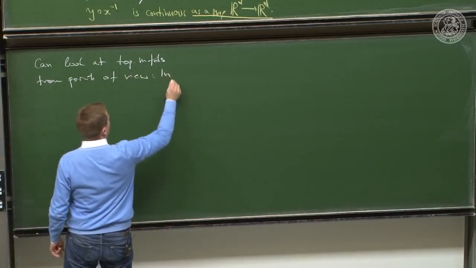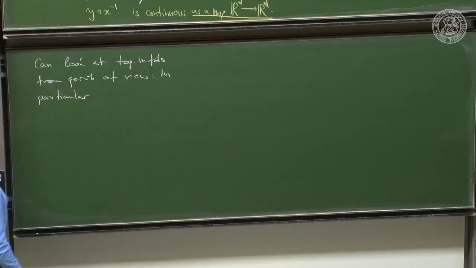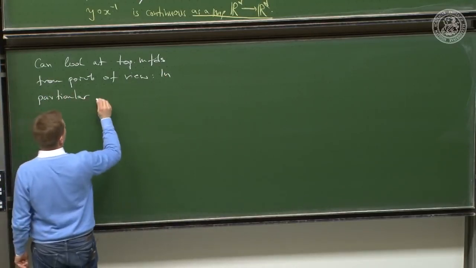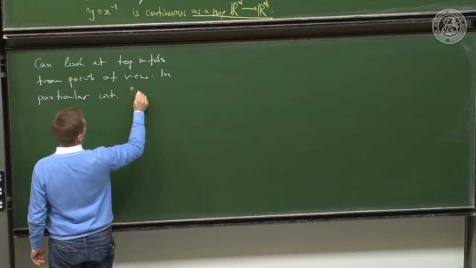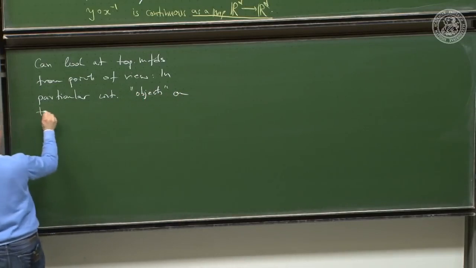In particular, we can look at objects on these manifolds from 2 points of view, in particular with respect to objects on the topological manifold.